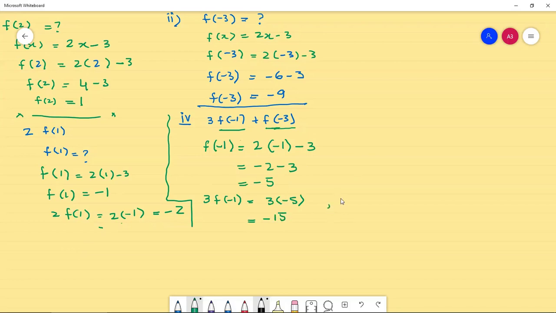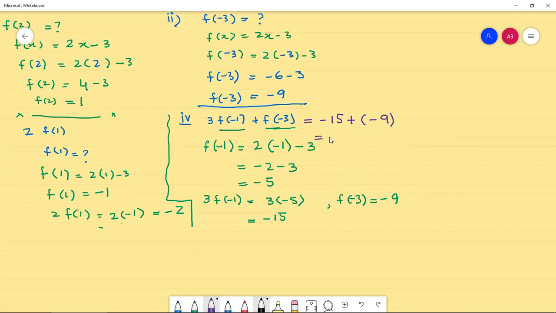And f of negative 3, in this one, is equal to minus 9. So now put these two values in the above equation. First write minus 15, then there is a positive sign between them, so put a plus sign. Then the next is f of negative 3, so this will become negative 9.